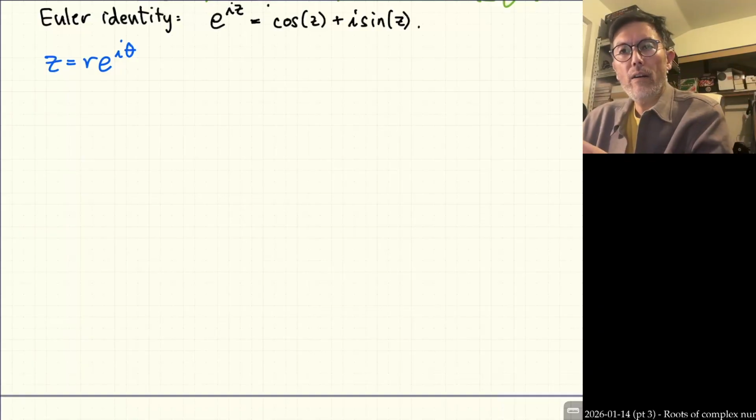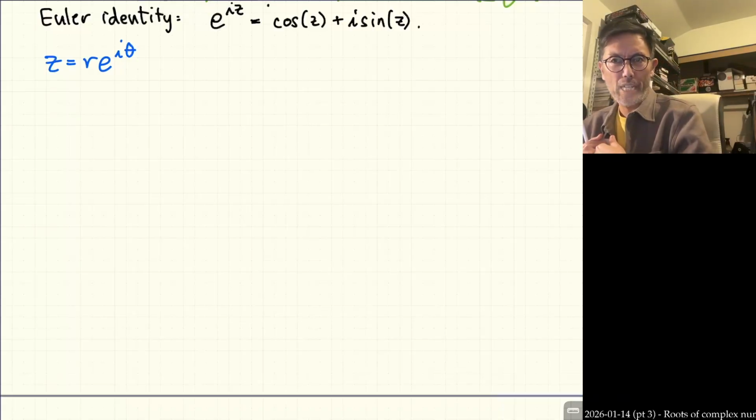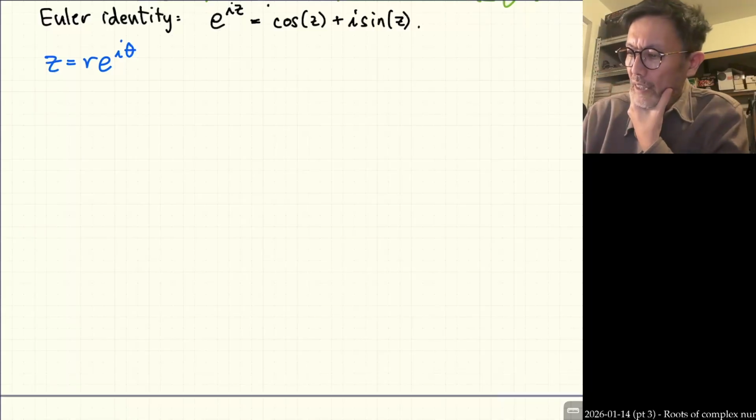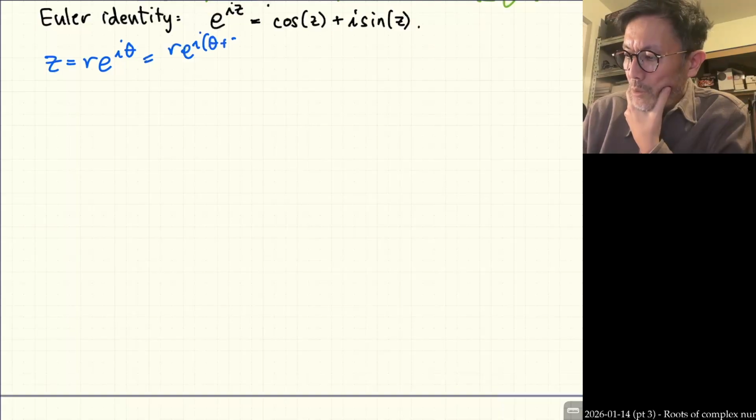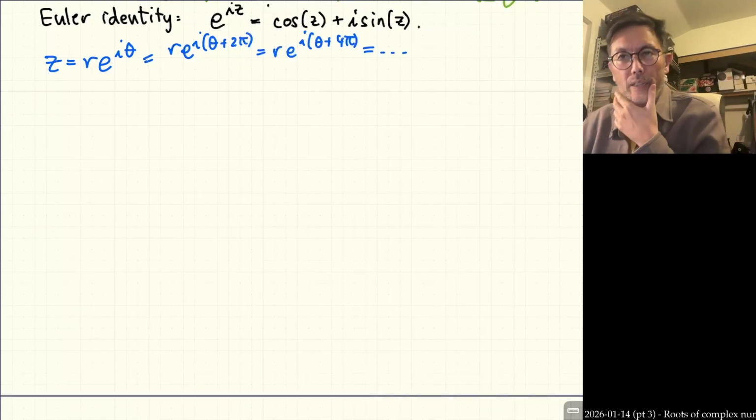And what that fact means is that I can shift theta by multiples of 2 pi in the following way. This is equal to, in particular, r times e to the i (theta plus 2 pi), or r e to the i (theta plus 4 pi), and we can keep going like this.